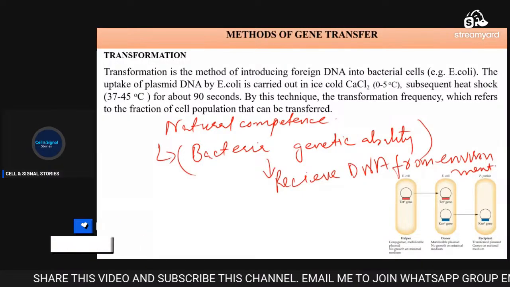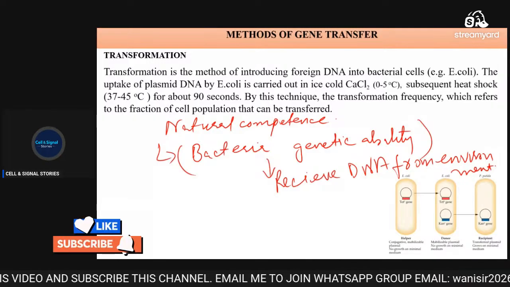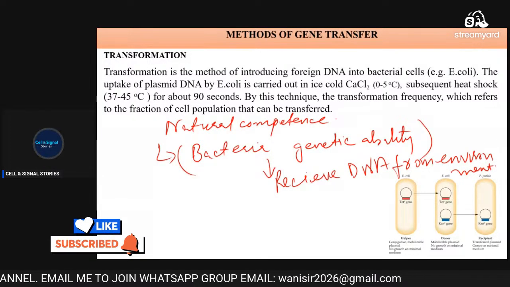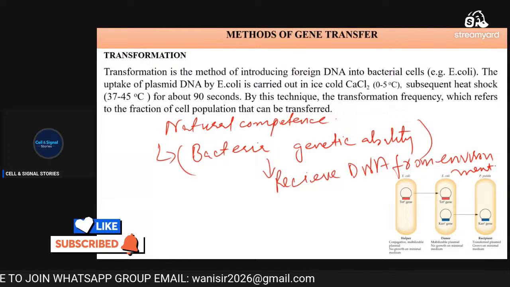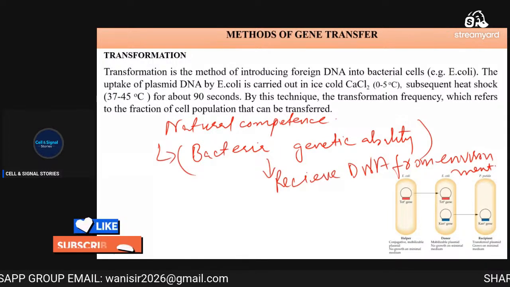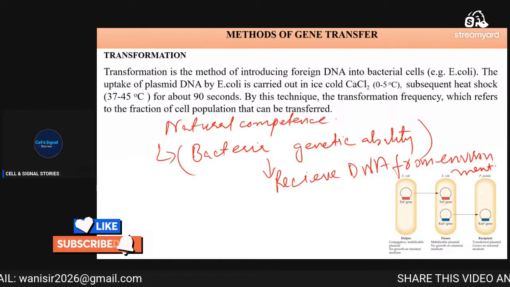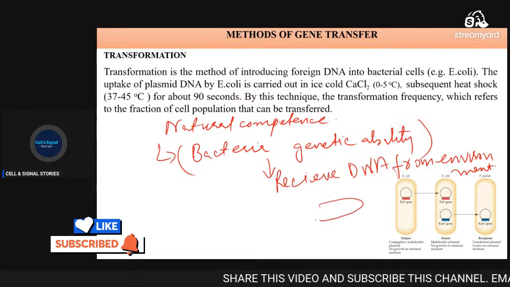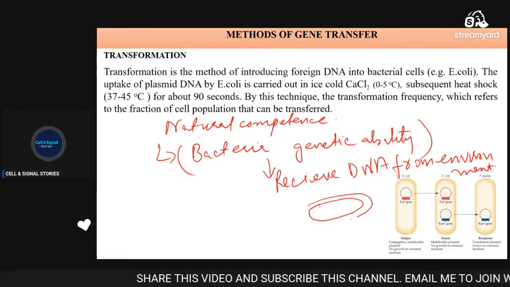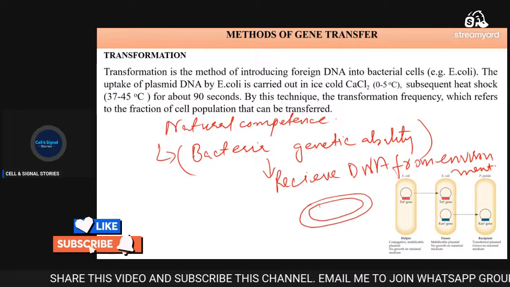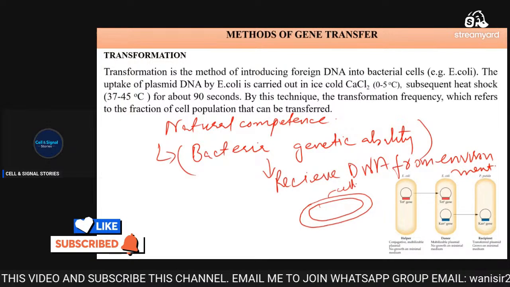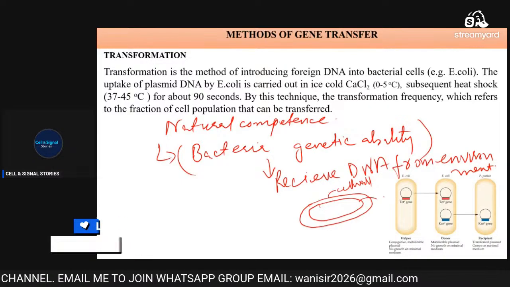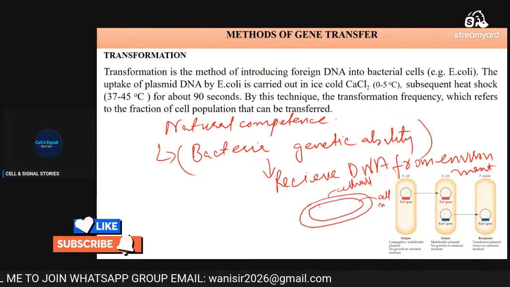But it can be done by the natural way or the in vitro way. Bacteria can also be made competent artificially by chemical treatment and a heat shock to make them transiently permeable to DNA. The bacterial cell has the bacterial cell wall outside it and the cell membrane. This is a cell wall, made of lipopolysaccharides, and this is a cell membrane.